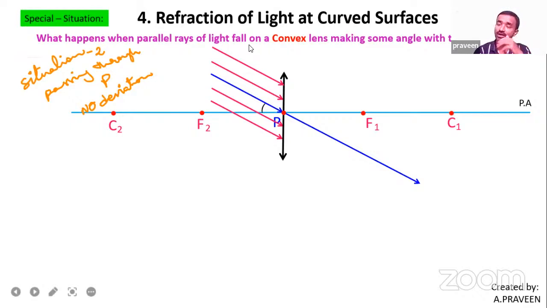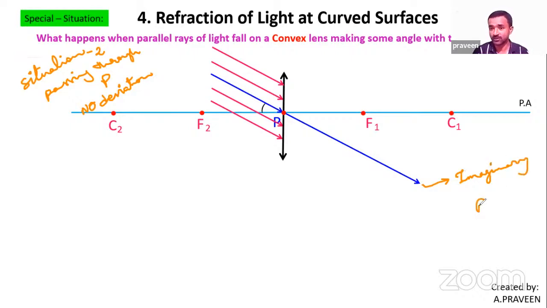All the light rays parallel to the principal axis converge at a common point called focus. So here, this blue color light ray we can imagine as an imaginary principal axis.